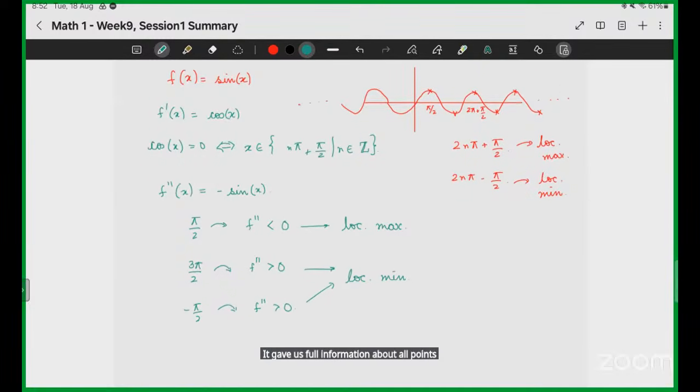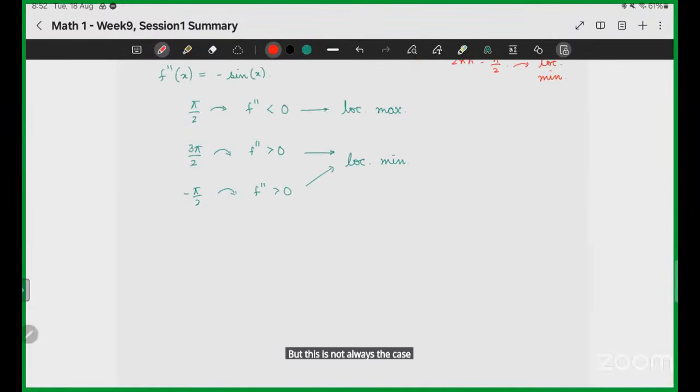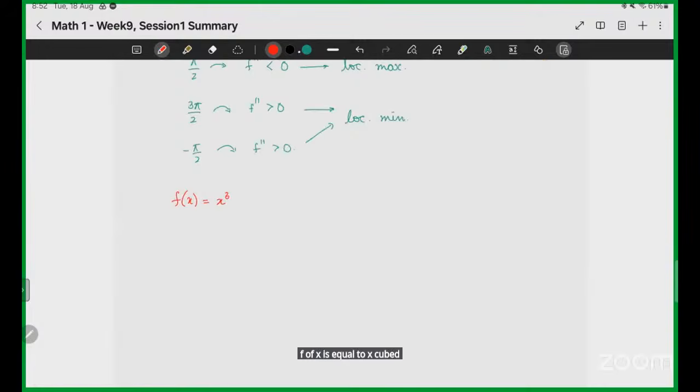But this is not always the case, as we had seen for f of x equal to x cube. Over here, f prime of x is 3x square, which is 0 only at x equal to 0.